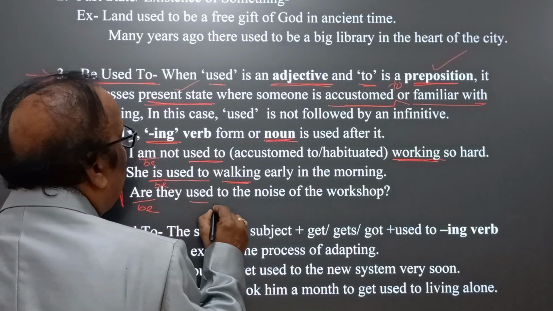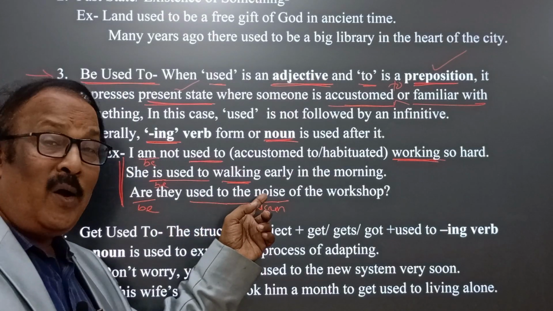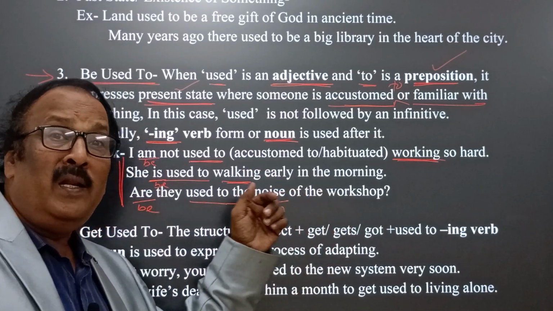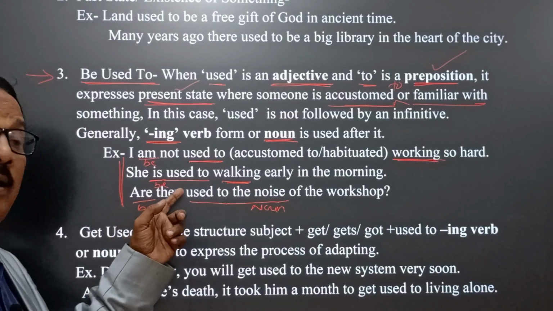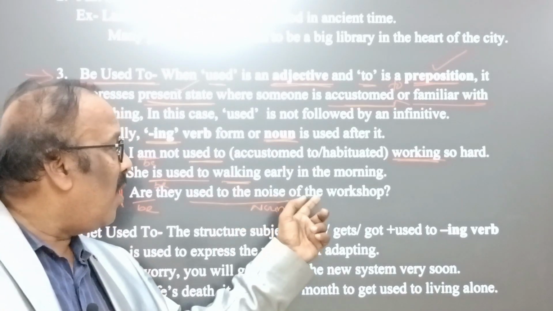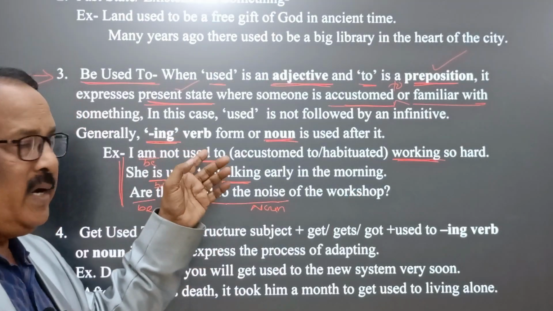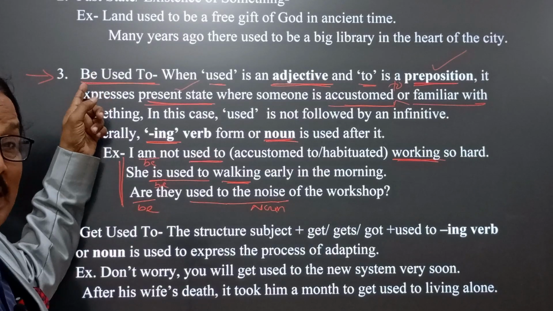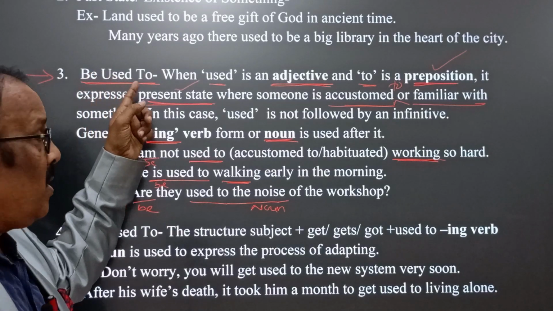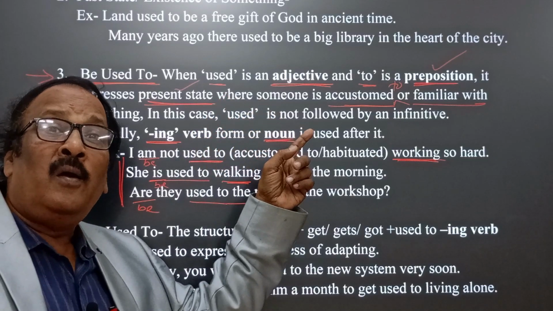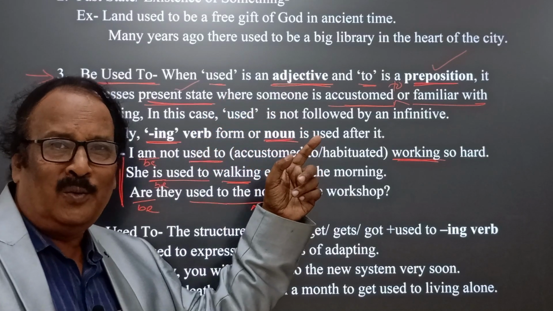The noise of the WhatsApp is the noun phrase. It means, are they habituated or accustomed to the noise of the WhatsApp? This is the idea of how we can use be, meaning is, am, are. Used to means habituated or accustomed to doing any work.